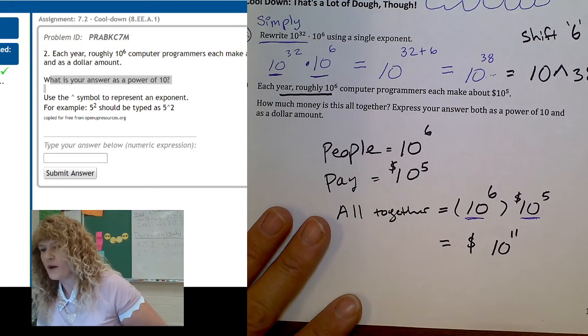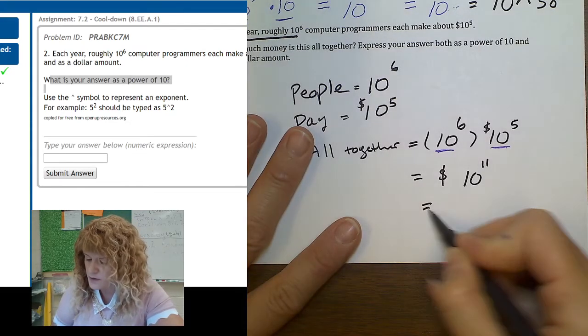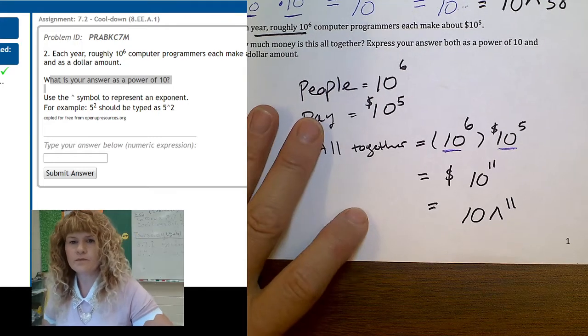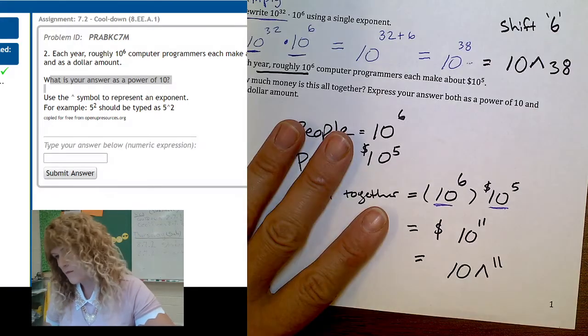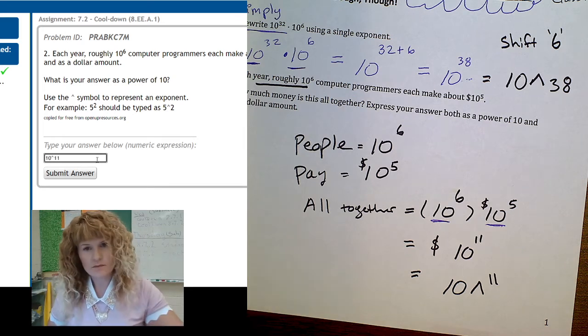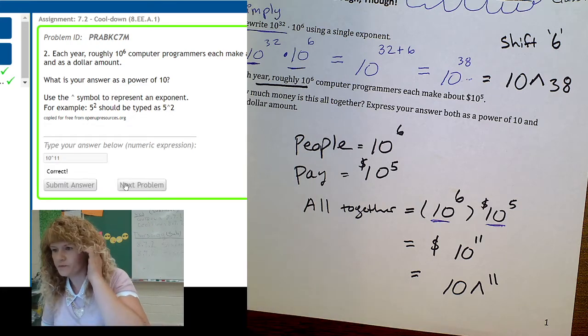And they said, what is your answer as a power of 10? So in your computer, you're going to enter this as 10 caret 11. Please type in your answer now and submit to go to the next problem.